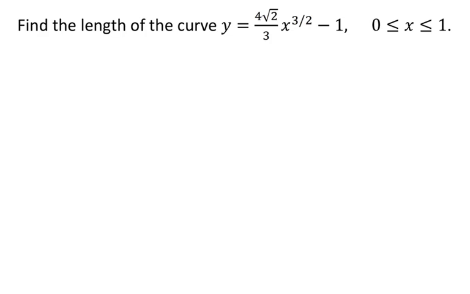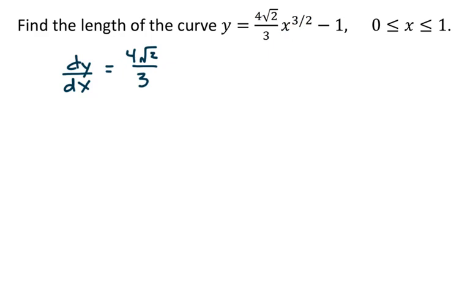So the first thing we need inside our arc length formula is the derivative, because we need to use that derivative and then square it. So I'm going to go ahead and find my derivative. The derivative of y with respect to x is going to be 4 root 2 over 3. That's just a constant.